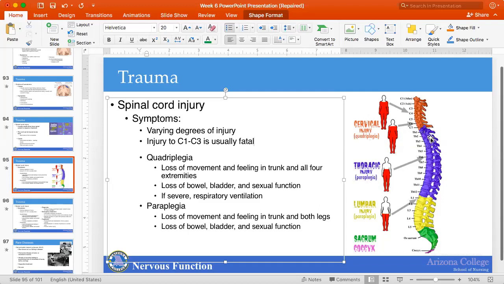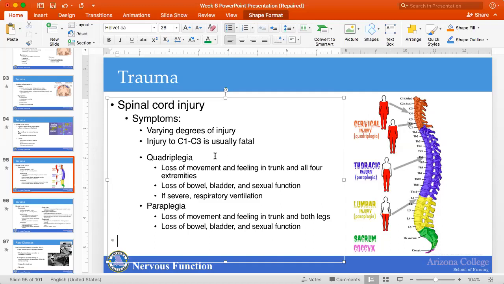So if it's thoracic spinal cord 1 or below, they'll have full use of their arms, but they'll have difficulty, depending on where it is, with stabilizing their trunk and then their legs. If they just have a lumbar injury, it'll be just their legs and their trunk, and arms will be fine, and so on. So really, the lower, the better.